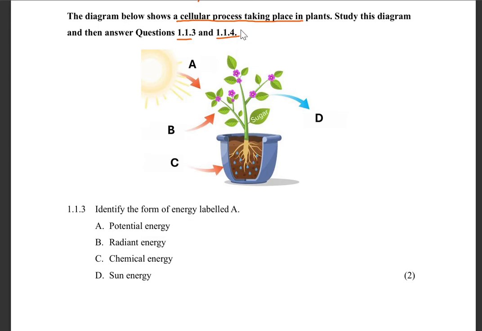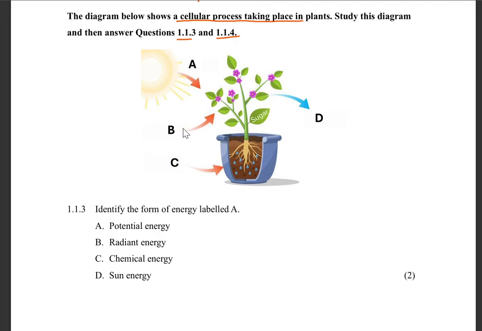1.1.3 and 1.1.4. So that means the next 2 questions, 1.1.3 and 1.1.4, are based on this diagram that you're given. So they're telling you that the diagram shows a cellular process but they're not telling you which one. So you need to be able to analyze the diagram and basically identify which cellular process is taking place. I think because we're seeing the leaves, there's sugar, there's something that is coming out of the leaves, there's something that is from the sun that is needed by the plant.